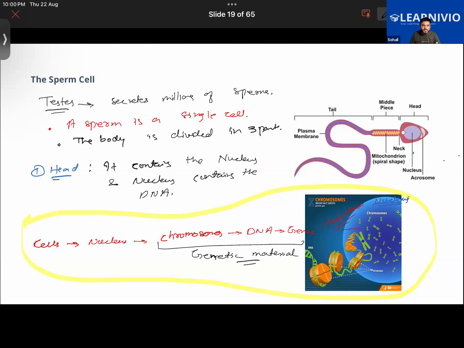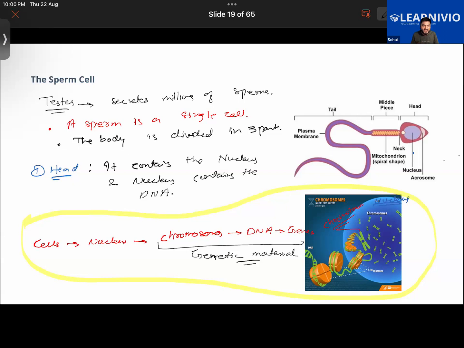Usually only one fertilizes. But in certain cases, two of them can fertilize the eggs, which leads to the birth of twin babies. Coming back to the main question, the other sperm cells would simply die.